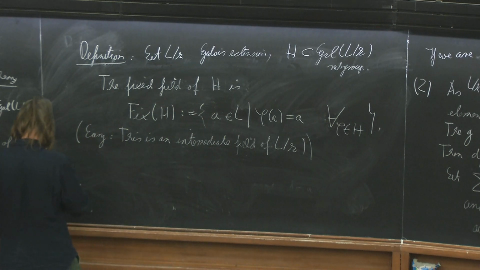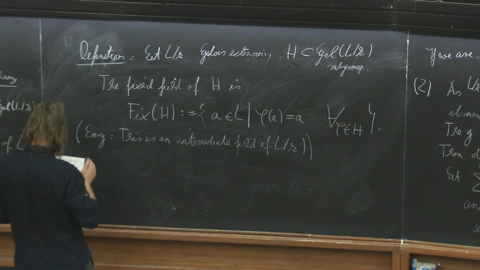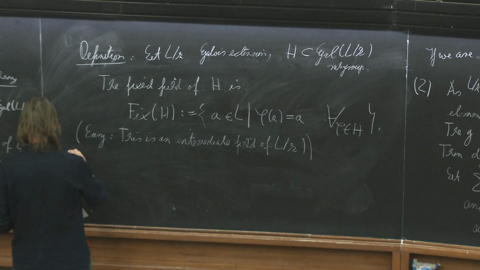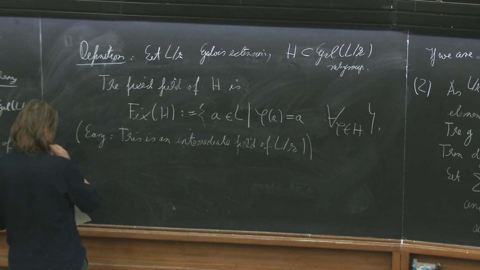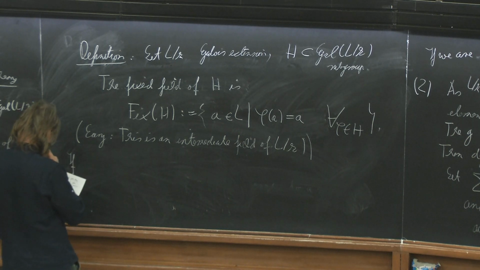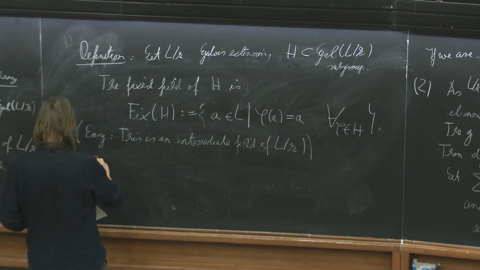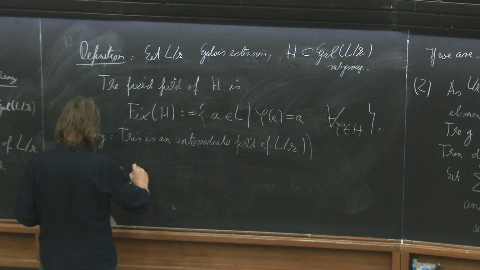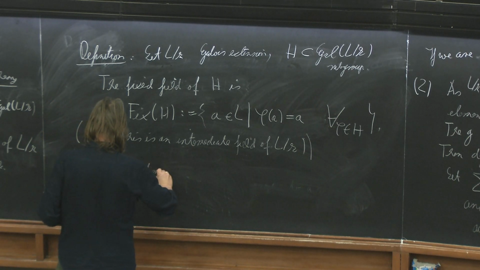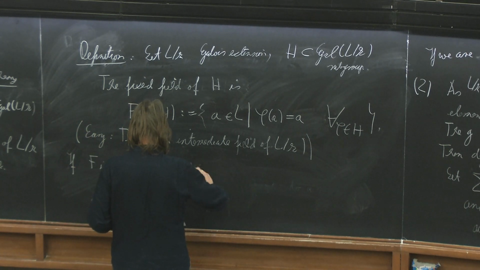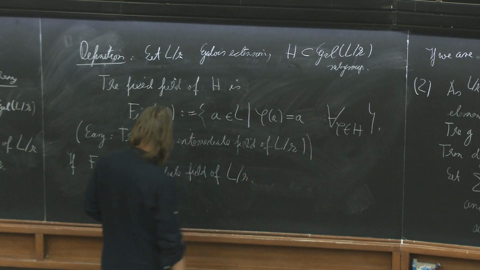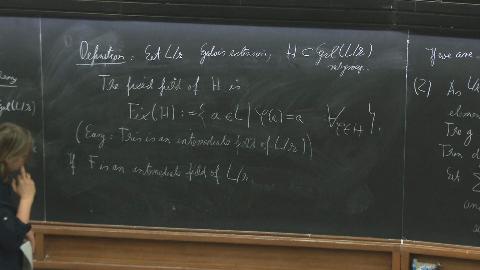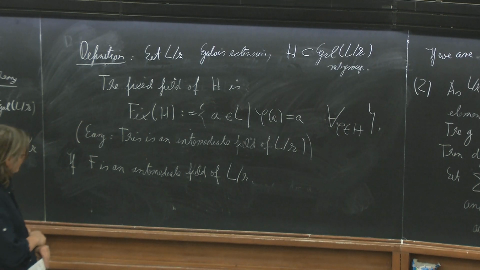And we can also look the other way around. So if F is an intermediate field of the Galois extension L over K, how do I associate a group to it?